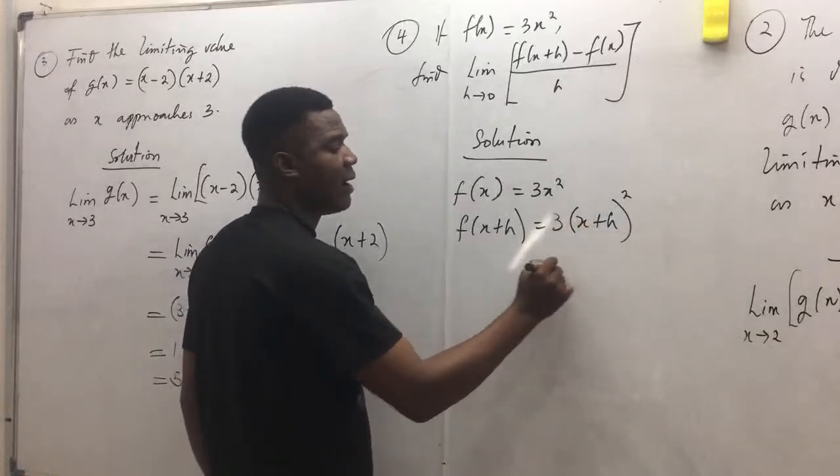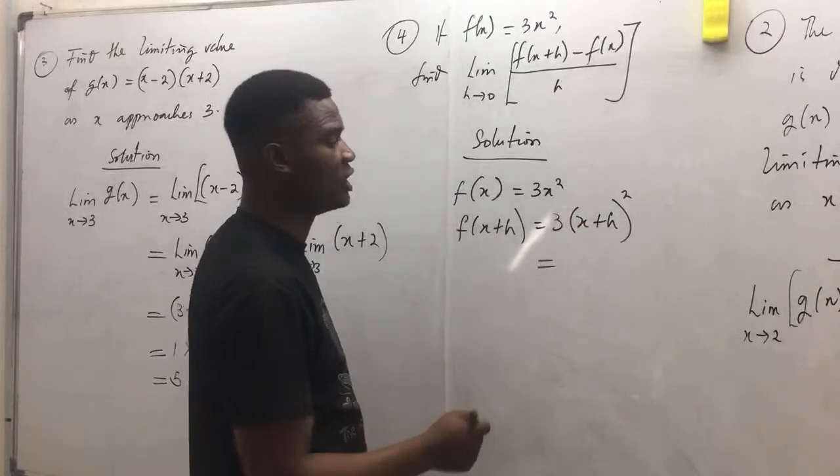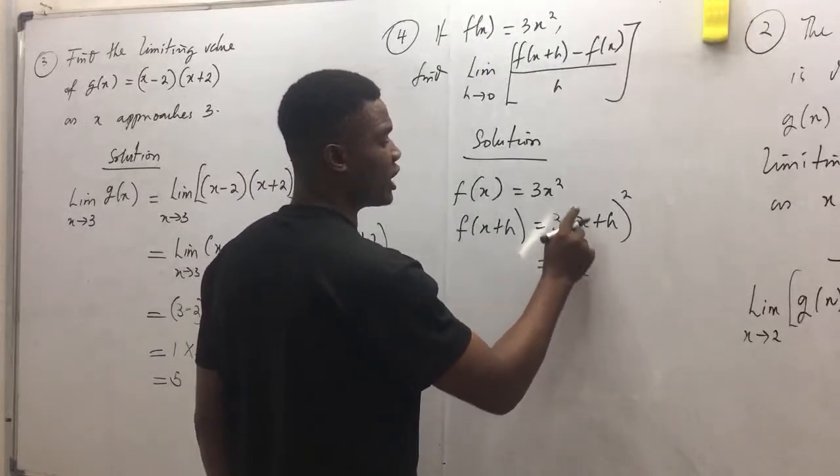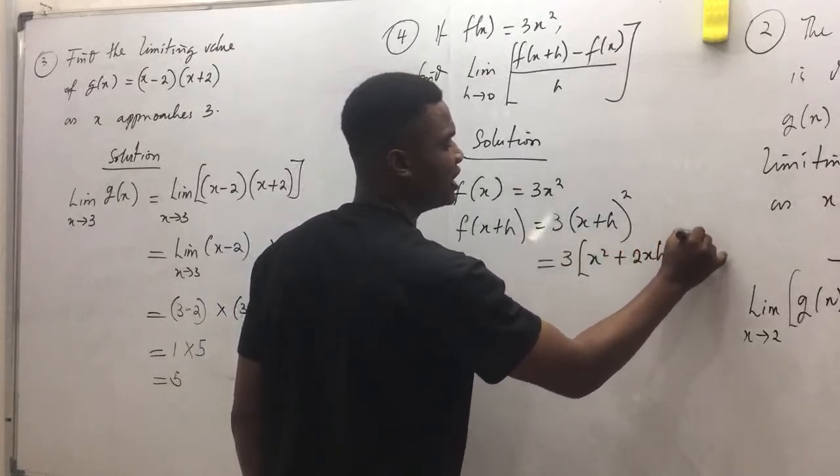I would suggest you simplify immediately at this point. So I'm going to expand this. Expanding what is inside the bracket gives x squared plus 2xh plus h squared.